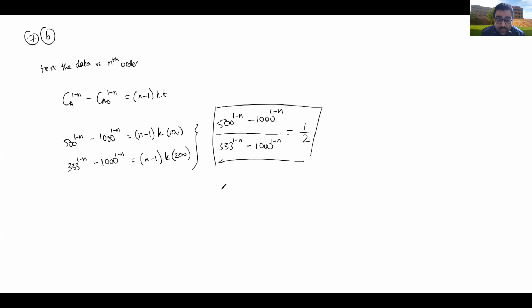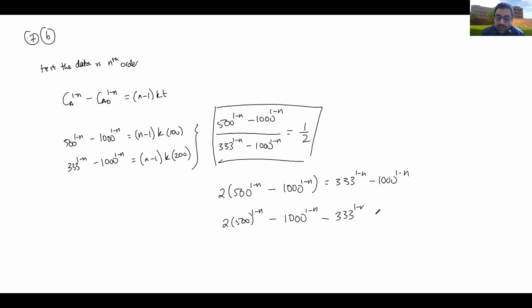So it will be 2 into 500 to the 1 minus n minus 1000 to the 1 minus n is equal to 333 to the 1 minus n minus 1000 to the 1 minus n. If I move the 2 in, I'm going to get 2 times 500 to the 1 minus n minus 1000 to the 1 minus n minus 333 to the 1 minus n is equal to 0. And I'm basically solving this equation.